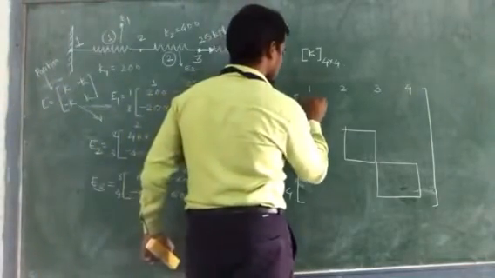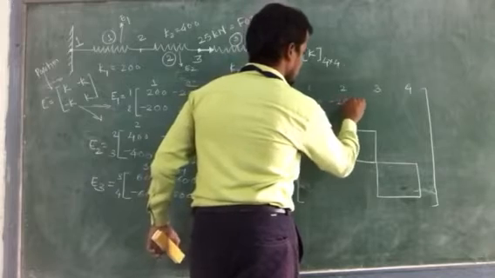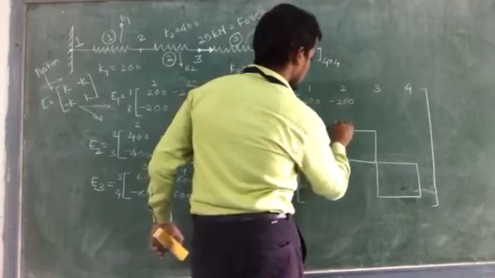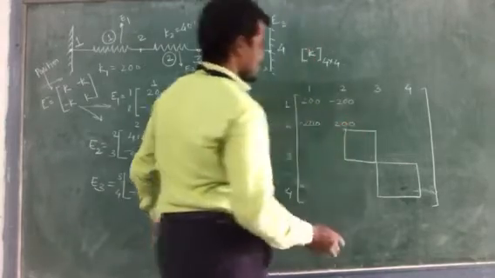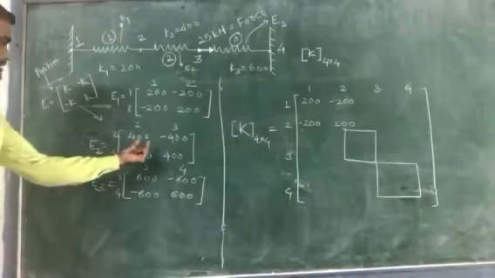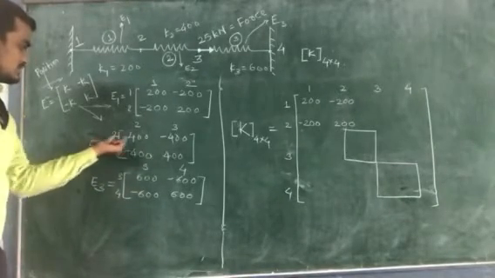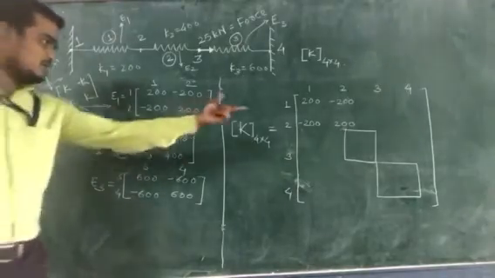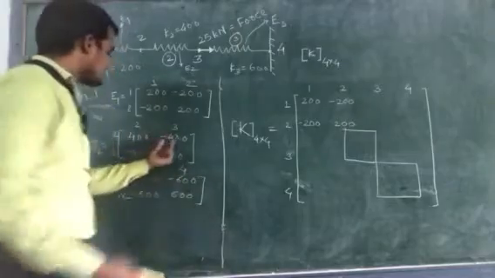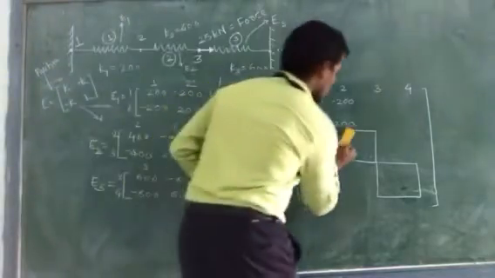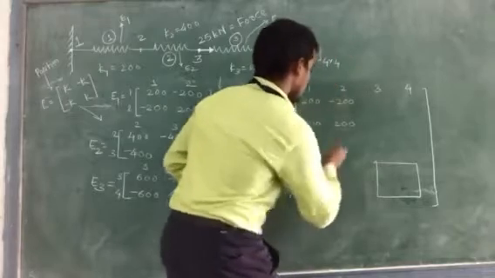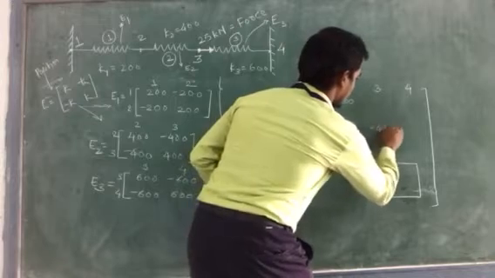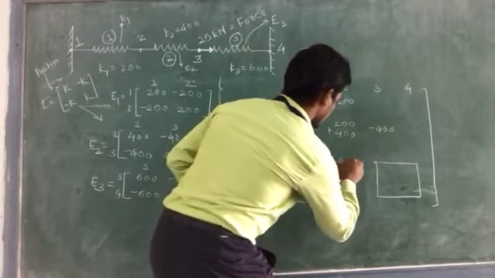So it will become 200, minus 200, minus 200 and 200. Then the second elemental stiffness matrix: these four values will be over the second block, 400, minus 400, minus 400, 400. Over this block write down the values. Here 400 means plus, it will become plus 400. Here minus 400, then next minus 400.